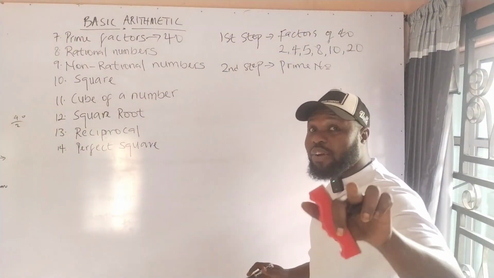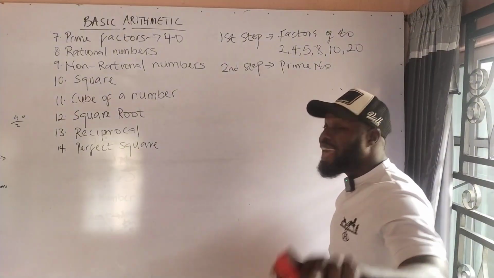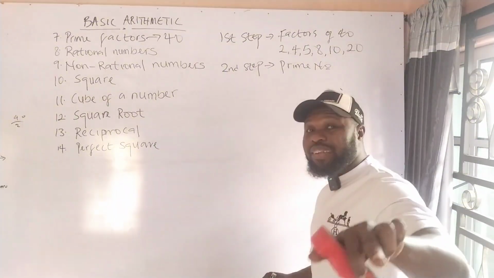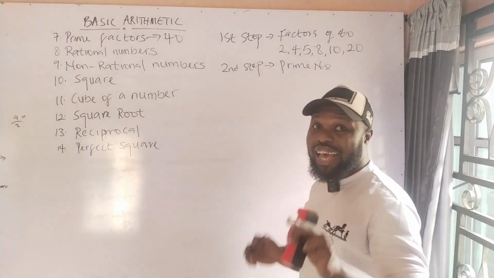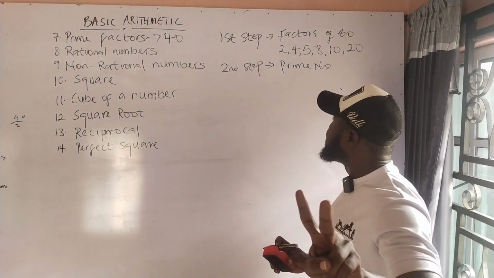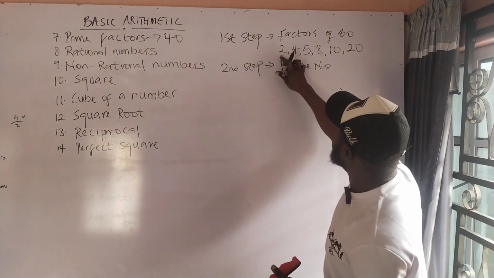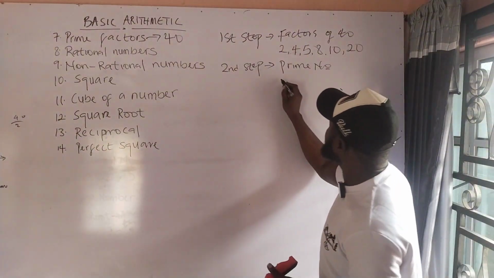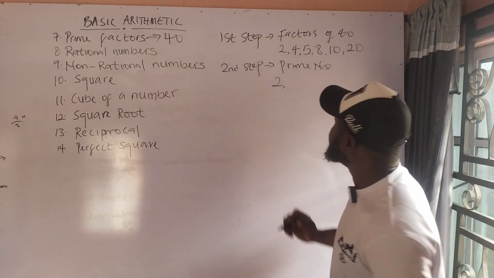If you remember, in our previous video, I explained prime numbers as those numbers that can be divided by 1 and itself. They normally have only 2 factors. So what are the prime numbers among these factors? 2 is a prime number.